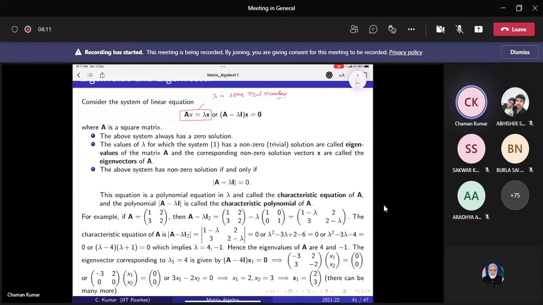Now from this equation, one can clearly see that if I take x is equal to 0, then 0 is the trivial solution of this equation.